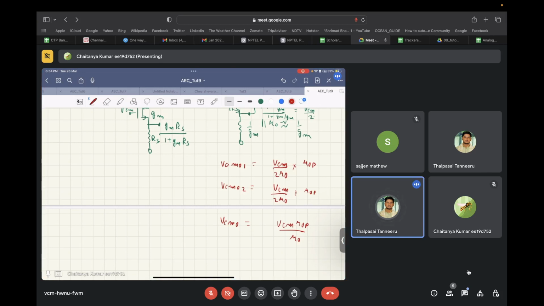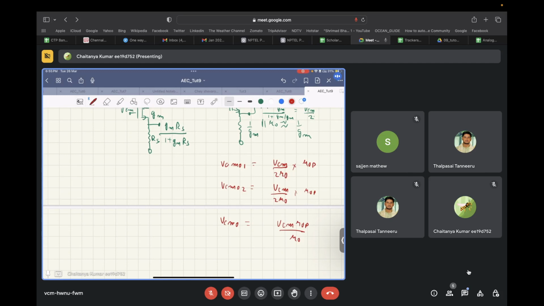So whether the circuit is symmetric or not symmetric, you can always apply the principle of superposition. When you apply this principle, in the first case you take only the differential part of the input signal and find out the output signal.